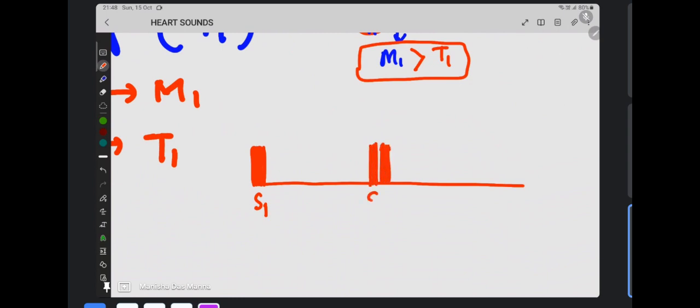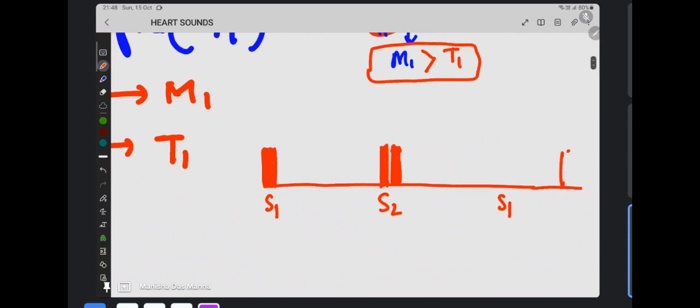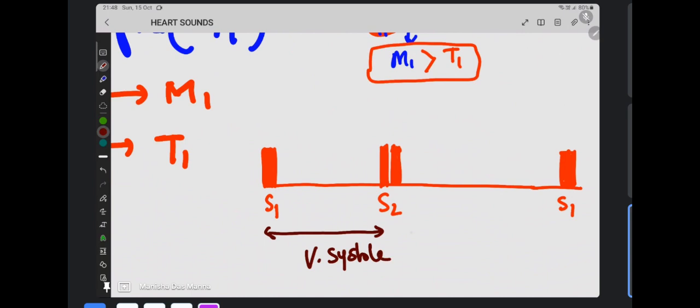Between S1 and S2 is called ventricular systole, and between S2 and S1 is ventricular diastole.